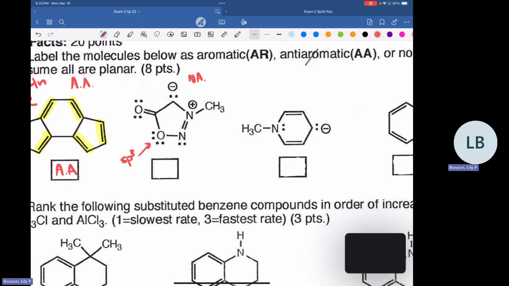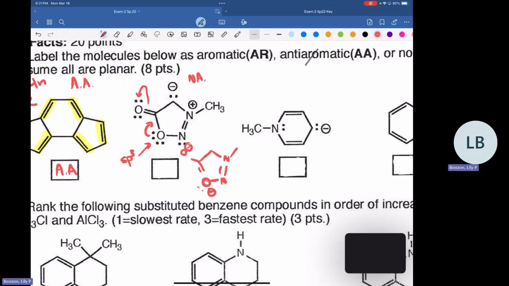So if I wanted to do some resonance with this one, I could potentially push one of these lone pairs up and then push this double bond back onto that oxygen. And then our new resonance structure would look like this. Sorry, a little bit not that great, but it's okay.